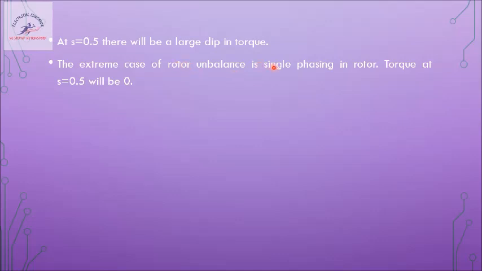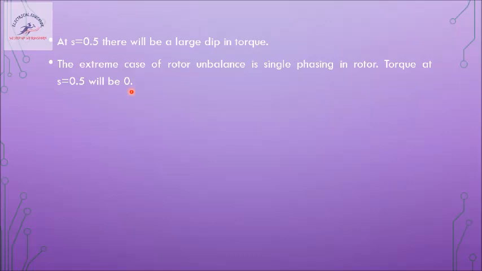Then the torque at slip equal to 0.5 dips more, and the greater the imbalance, the larger the dip. When single phasing occurs in the rotor, this torque will be 0. What is the meaning of zero torque? Usually for slip equal to 0.5, the induction motor should give us a maximum torque. Here the motor will stop instead. This is because of single phasing in the rotor.